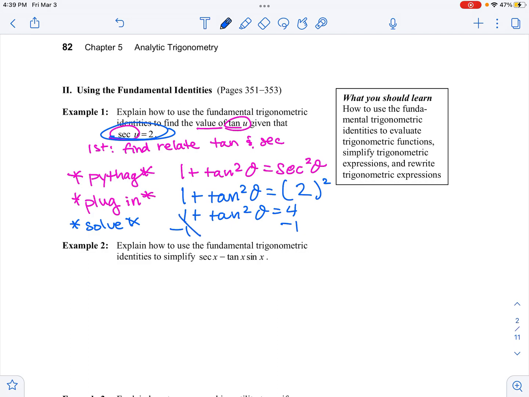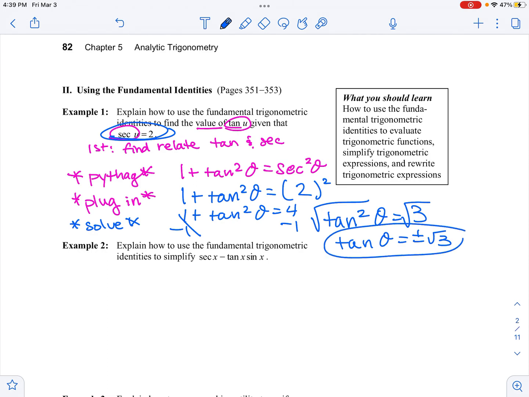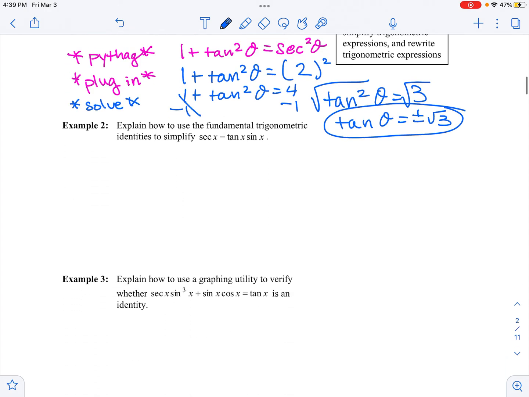Subtract the 1, and I end up with tangent squared theta equals 3. If I take the square root of both sides, I'm going to get tangent theta equals plus or minus the root of 3. So when secant is 2, then tangent is plus or minus root of 3.